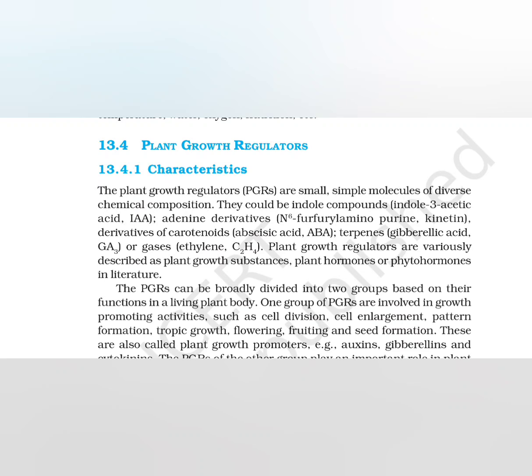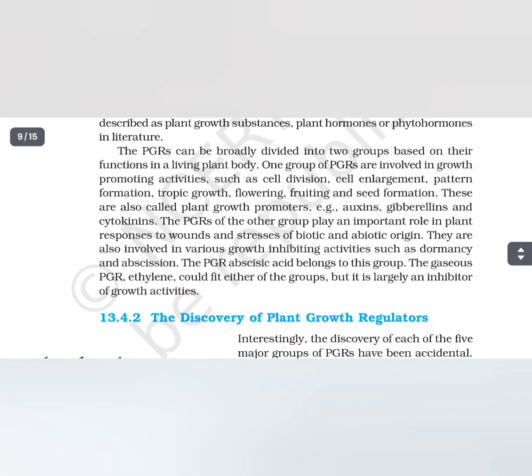Plant growth regulators are variously described as plant growth substances, plant hormones, or phytohormones in literature. The PGRs can be broadly divided into two groups based on their functions in a living plant body.